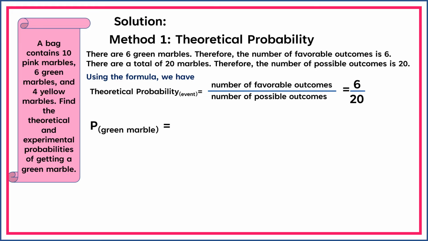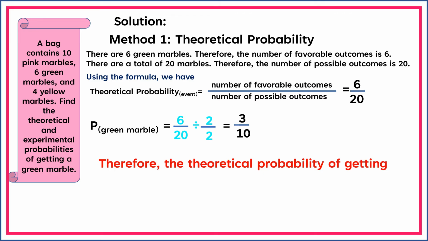P of green marble is equal to 6 over 20. 6 over 20 can be reduced to its lowest term by dividing both numerator and denominator by 2. So, 6 divided by 2 is equal to 3. 20 divided by 2 is equal to 10. Therefore, the theoretical probability of getting a green marble is 3 over 10 or 3/10.